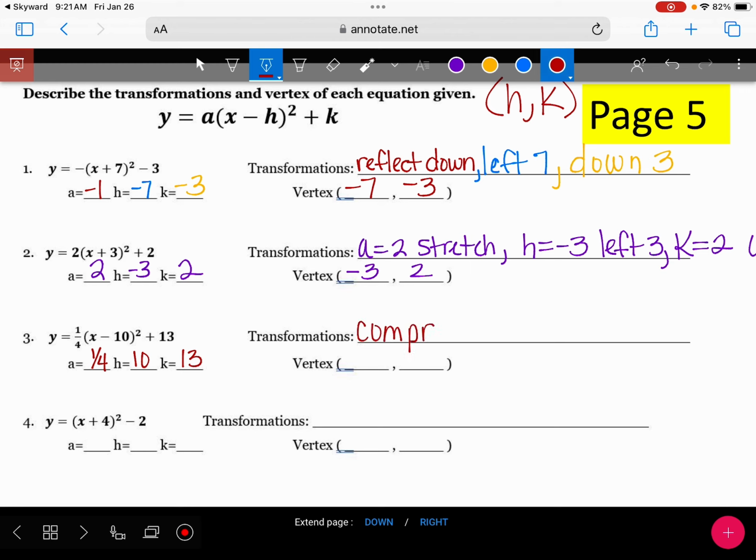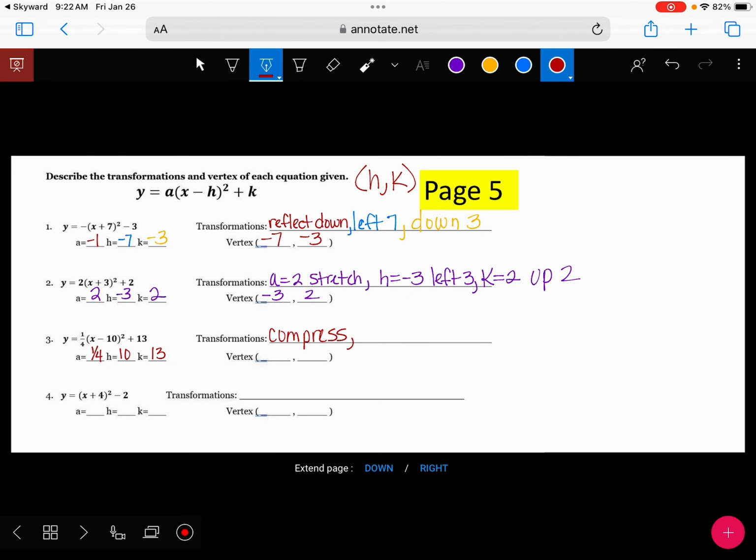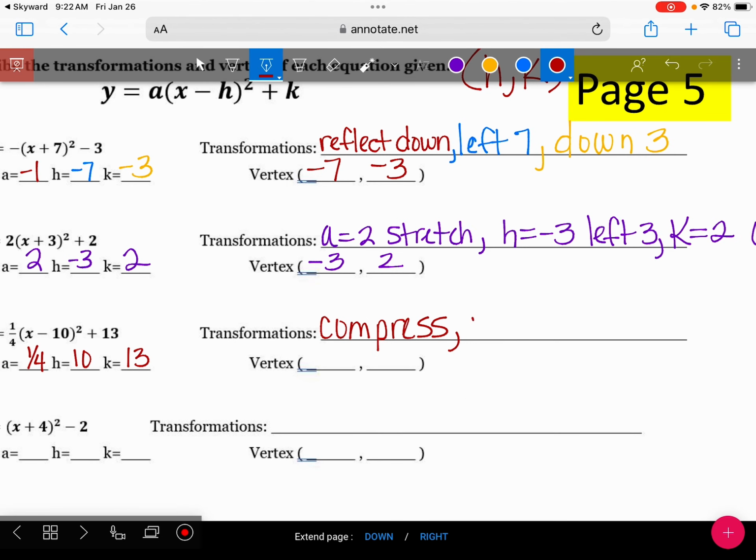All right, King, because H is +10, what is that going to make the graph do? Go right, good. H moves the graph left and right, so it's going to go right 10.